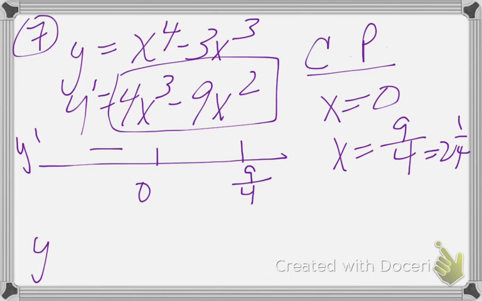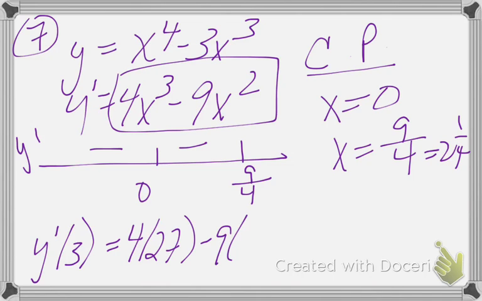Then y prime of 1 will just be 4 minus 9, so that's negative. And then y prime of 3 will give us 4 times 27 minus 9 times 9, which is 108 minus 81, so that's positive.